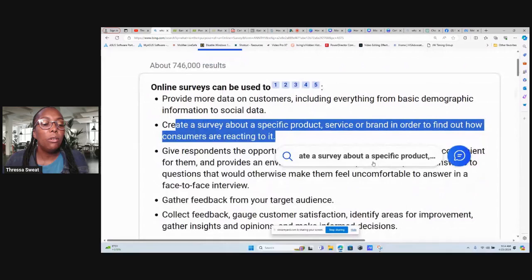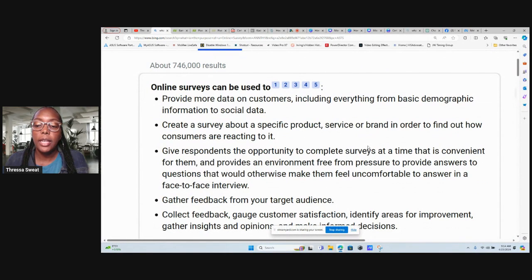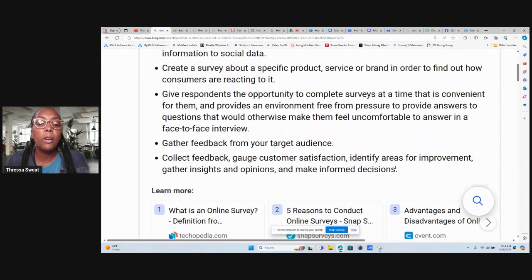It also gives respondents the opportunity to complete surveys at a time that is convenient for them, and provides an environment free from pressure to answer questions that would otherwise make them feel uncomfortable in a face-to-face interview. And it can gather feedback from your target audience, as well as customer satisfaction feedback, identifying areas for improvement, gathering insight and opinions, and making informed decisions. So that is basically the purpose of online surveys.